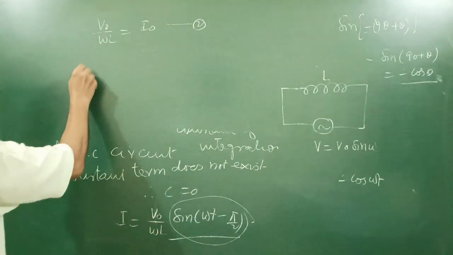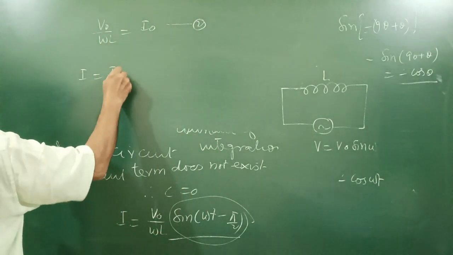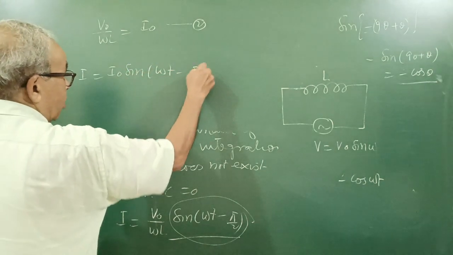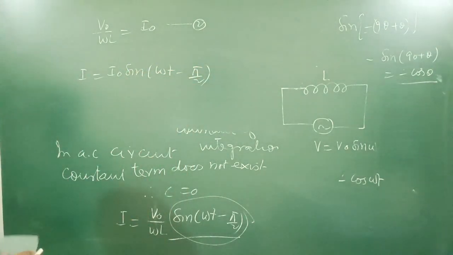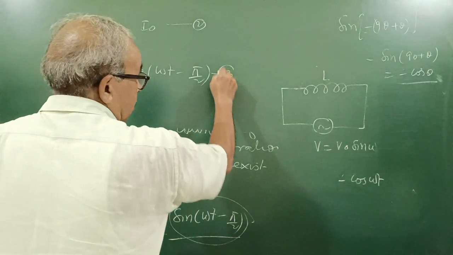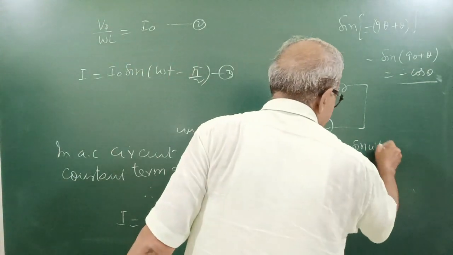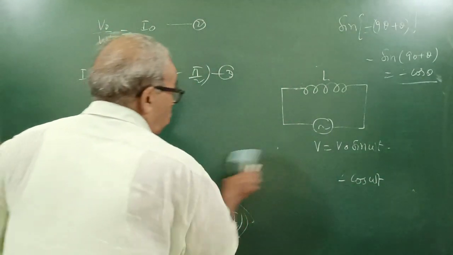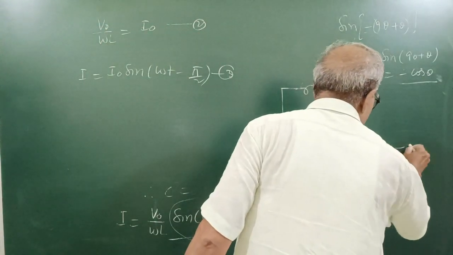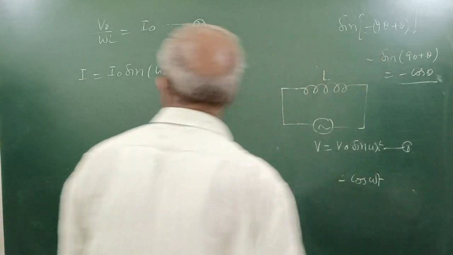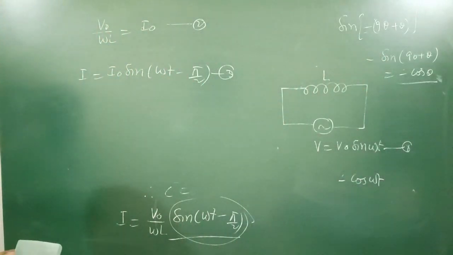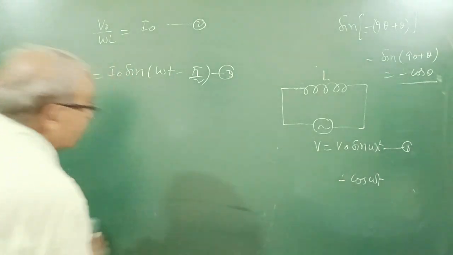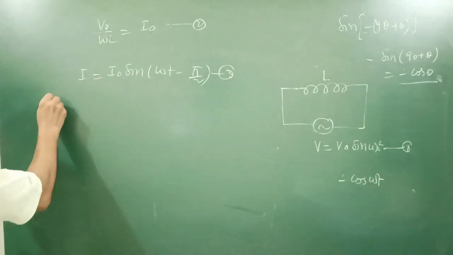And equation can be I equal to I0 sin omega t minus pi by 2, ये equation 3. तो from 1 and 2, ये 1 थी हमारी, voltage V equal to V0 sin omega t. From 1 and 3, sorry.